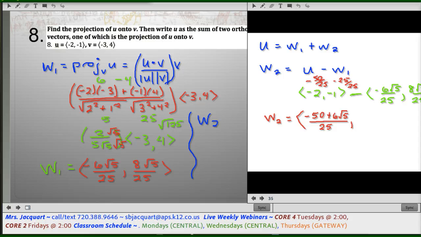And then it's going to be -25 plus 8, 5 over 25. Okay, and so then what we want to do, our final step, is writing this in this unit vector.